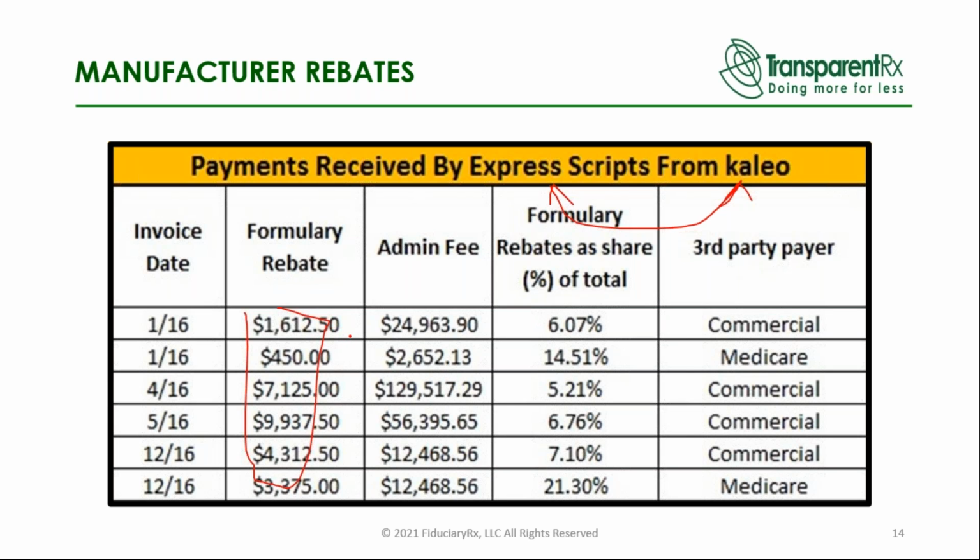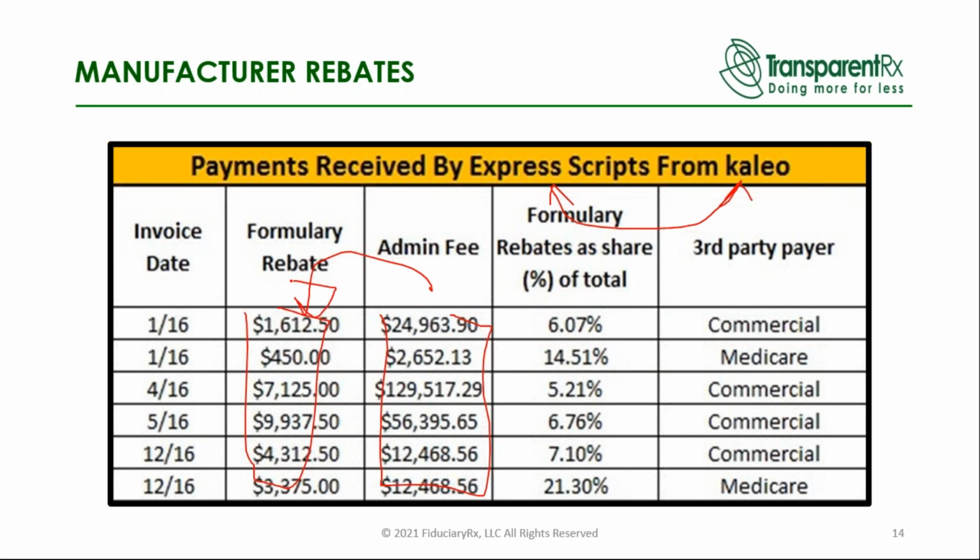They're different. That administrative fee is for claims adjudication, customer service, account management. This is purely between the PBM and the manufacturer. And it can be a little confusing. These rebates, which you deserve or your client deserves, dwarf these rebates.